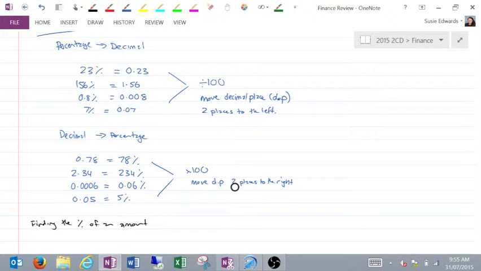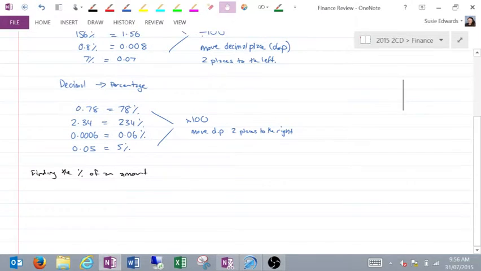That's good, but it'd be good if you're actually writing. Just want you to do one example of each and just the steps, please. Okay. All right. Finding the percentage of an amount.